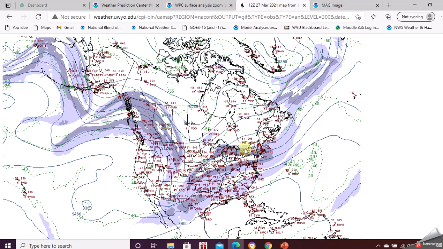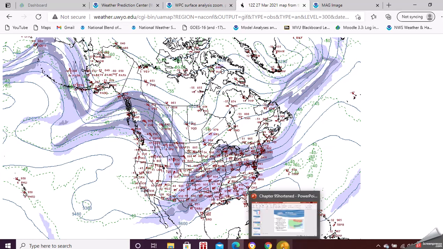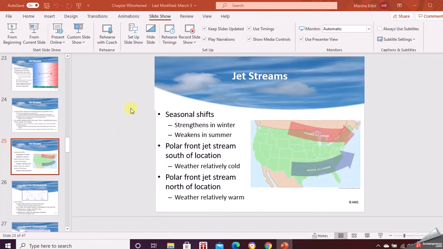The left-hand front quadrant of a jet, the front being where it begins, is called divergence, and the right rear also triggers divergence. So those are the two areas we look for storm development, low pressure systems to form. So let's go back here again now, moving along a little bit.